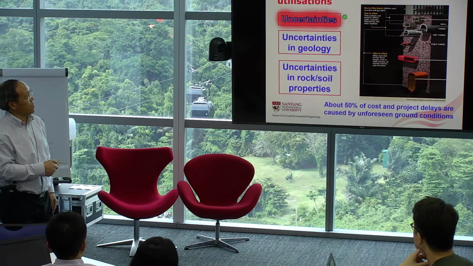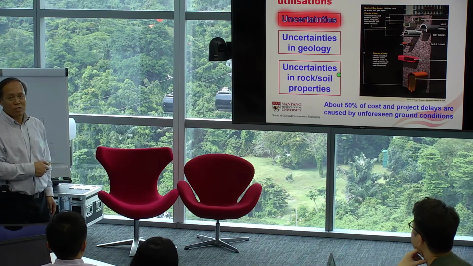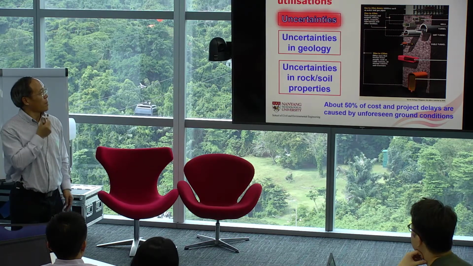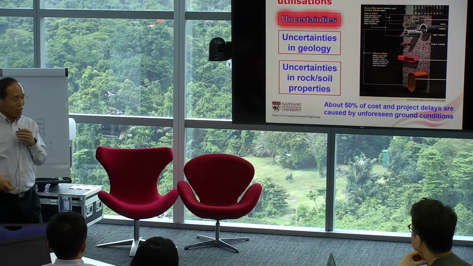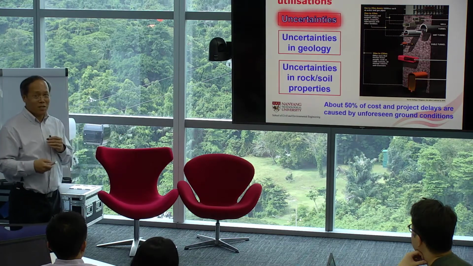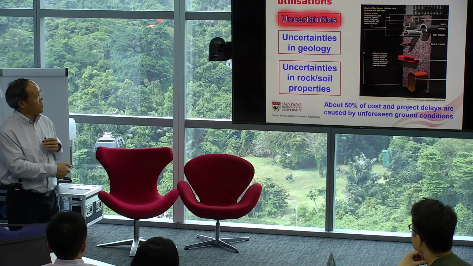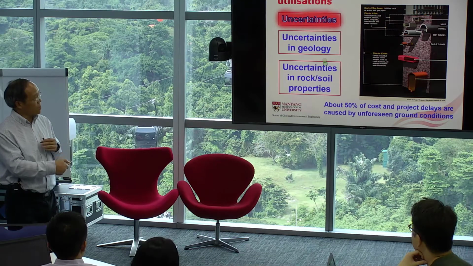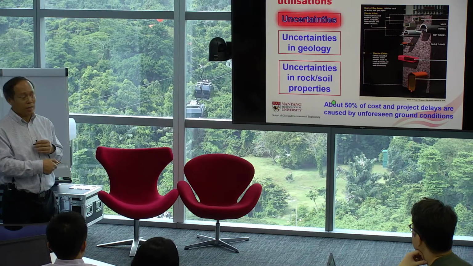One of the challenges is how to reduce the construction cost by 50%. If we want to cut the construction cost by 50%, it simply means there is fat in the design or construction. In other words, there are a lot of uncertainties in the geology as well as in the rock and soil properties.